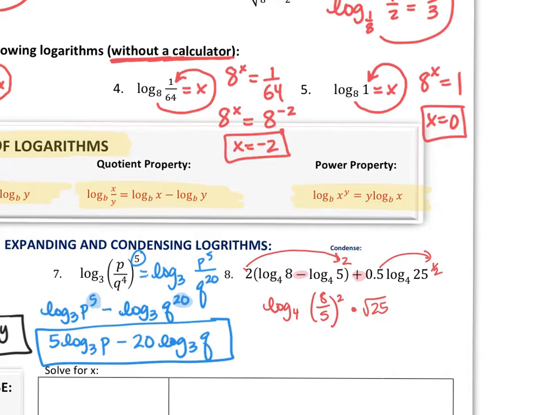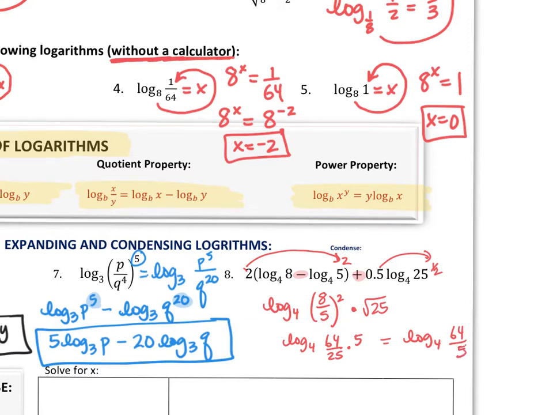Wow, that looks messy. Okay, so let me fix that 8. Much better. Okay, so let's see if we can clean that up. So this would be log base 4 of 64 over 25 times 5, which is log base 4 of 64 over 5.